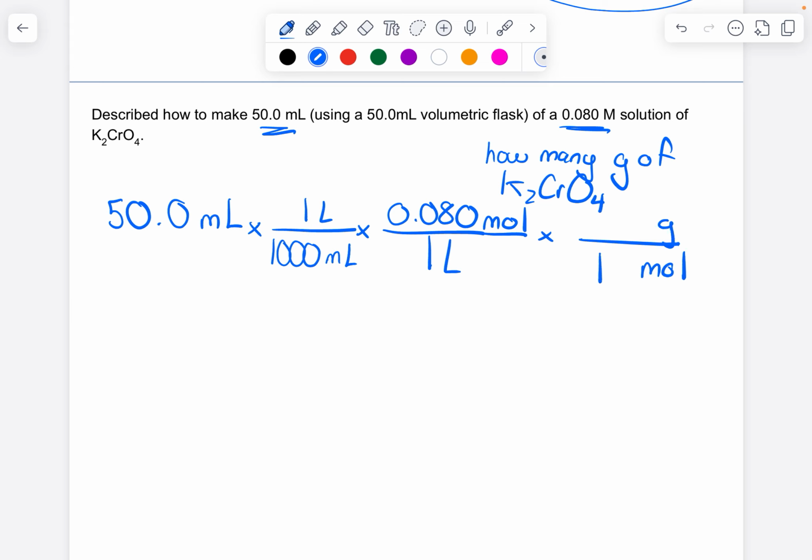Okay, so we just need molar mass there, which is 194.19 grams per mole.